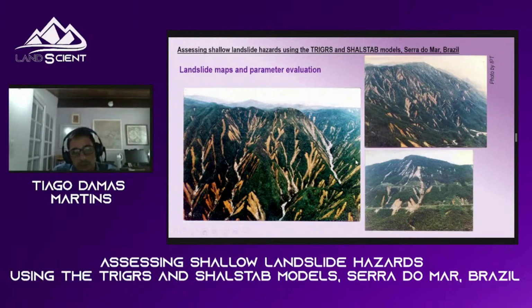So one important thing to say is that SHALSTAB or TRIGRS are models used for shallow landslides, not other processes. So the idea here was to verify which model, which scenario fits best the landslide scars, and this is another issue we've been addressing here. Which landslide scar is the ideal to validate scenarios like this? We may talk about this in another moment.